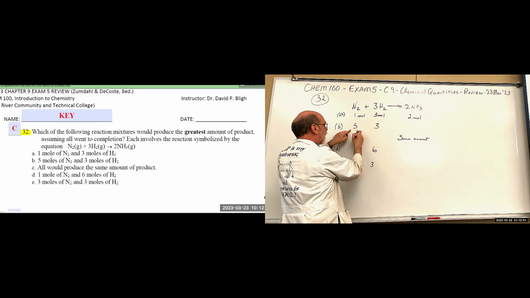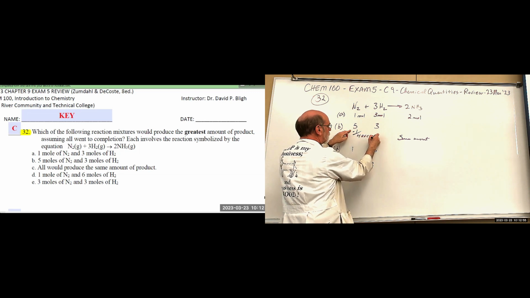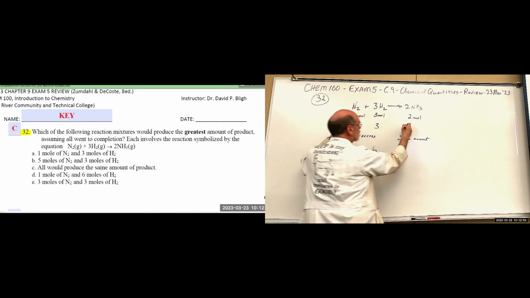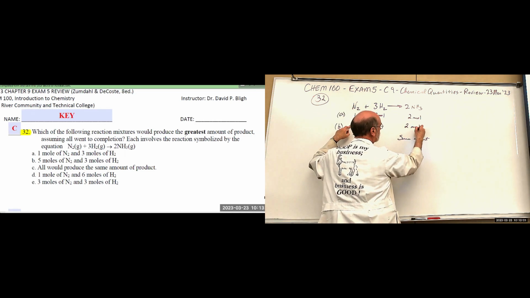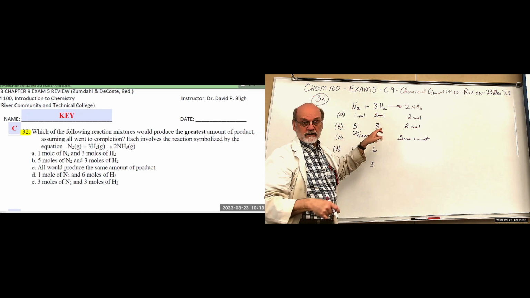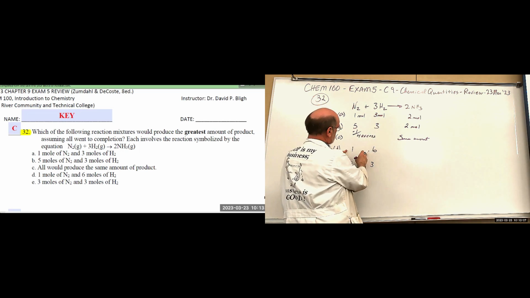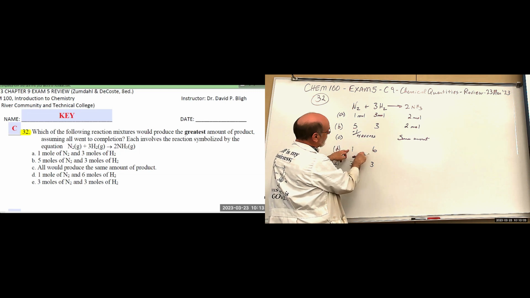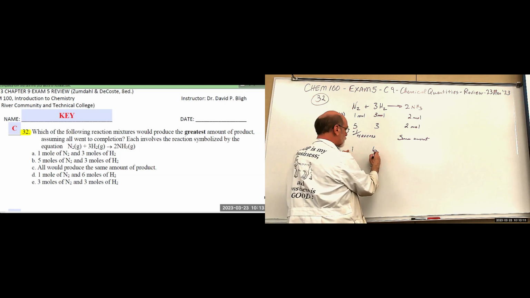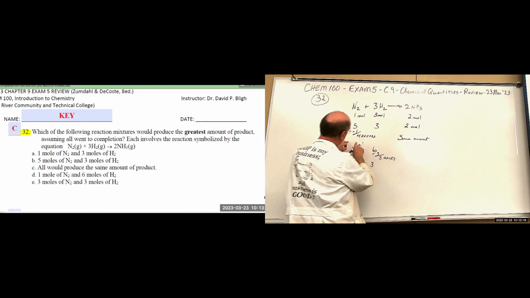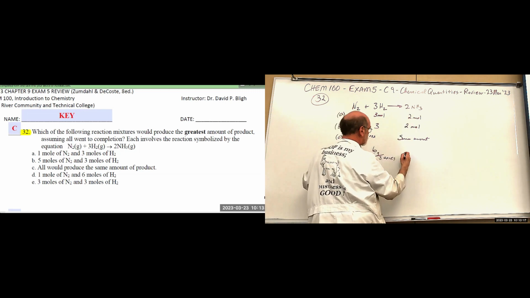We only need 1 of them, and we're going to have 4 excess. So 3 with 5 still only produces 2 moles because hydrogen runs out. Okay, how about this one? 1 and 6. Well, we got 1 here, and we only need 3 of those.